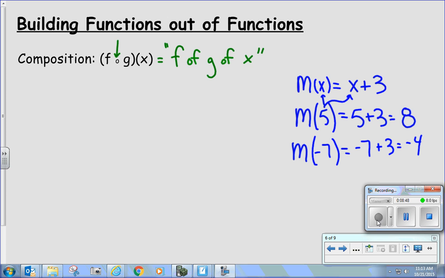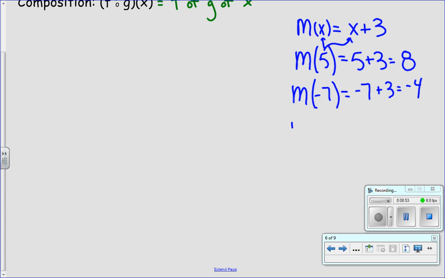But I don't always have to put a number in here. What if I said, what's m of L? Yeah, I just put an L in for my x. It's L plus 3. That's it.